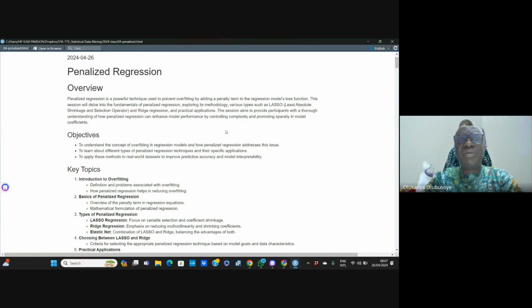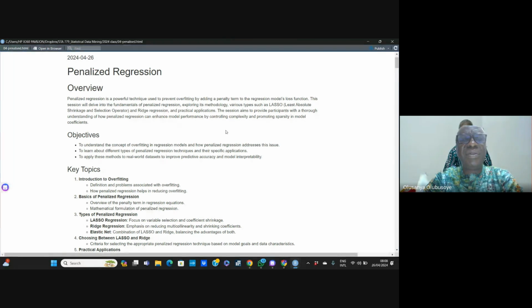So there is no penalty, and therefore, once you run the regression, whatever estimate you obtain is considered to be the best linear unbiased estimator.